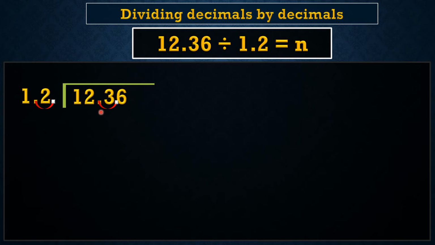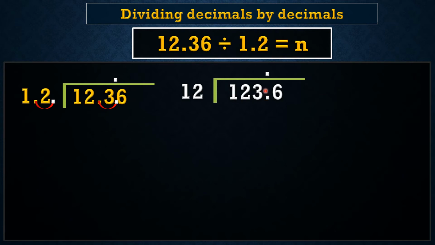The dividend becomes 123.6. This time we can rewrite it as 123.6 divided by 12. Always remember that your decimal point is between 3 and 6. Para hindi tayo ma-confuse kung kailan at saan natin ilalagay ang decimal point, just put the decimal point on top right away.